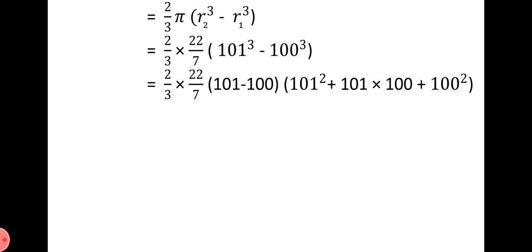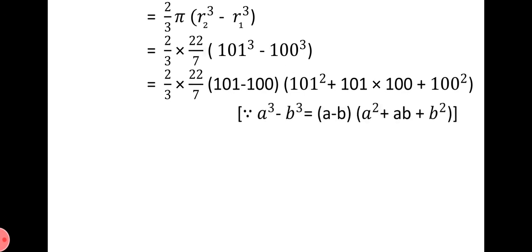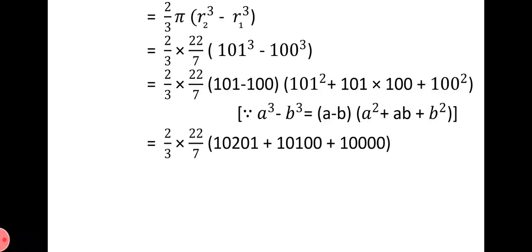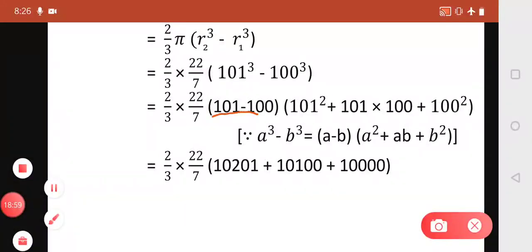Here we use the identity a cube minus b cube equals a minus b into a square plus ab plus b square, so that it is easy for us. Now 101 minus 100 becomes 1, so we do not write it, because 1 multiplied by anything is the same number.